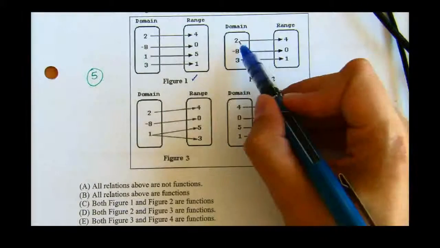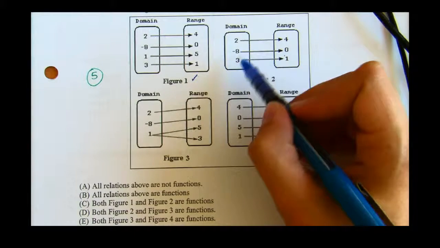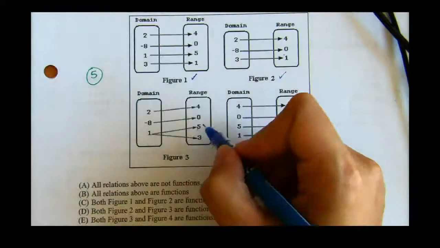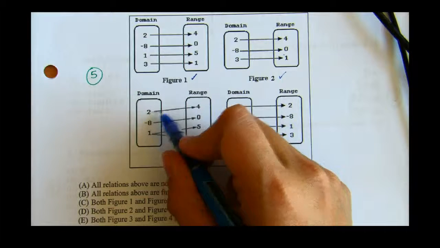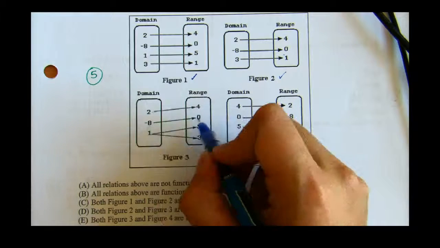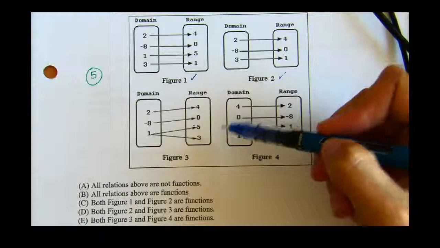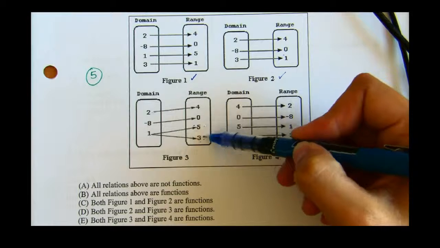If I look at figure 2, same thing. Each of my inputs just has one output. This is a function. Let's look at figure 3. So 2 has one output, -8 has one output. But if I go down to 1, well, 1 I can see has 2 different outputs.